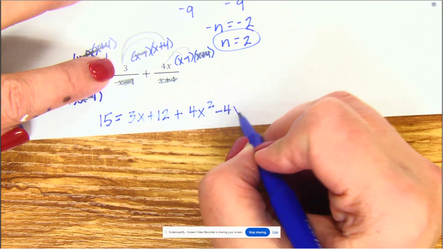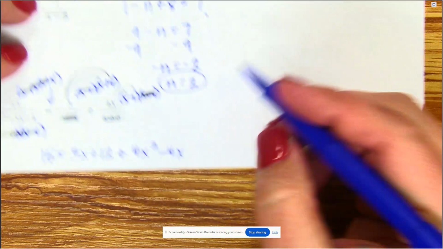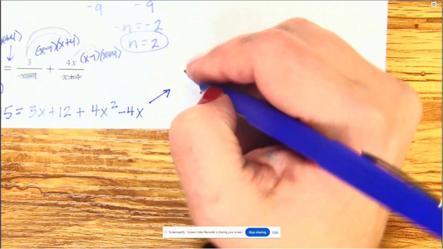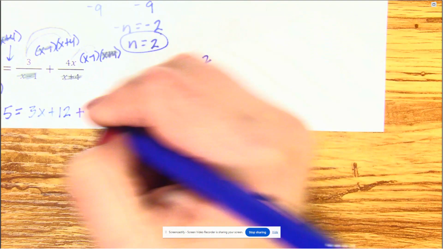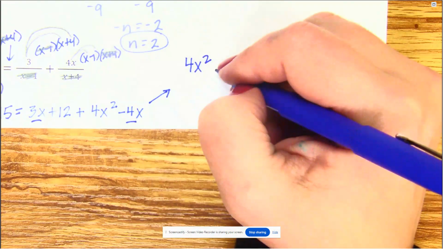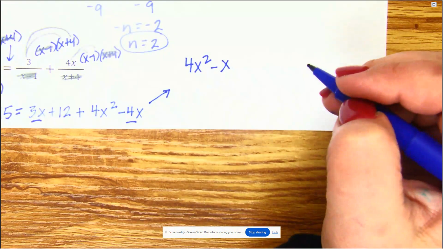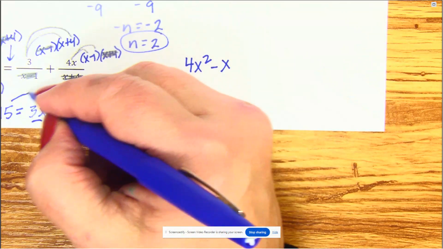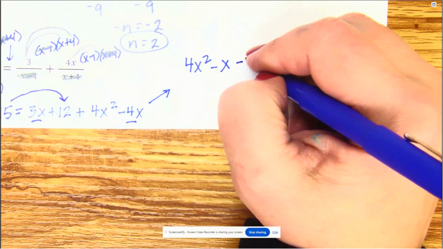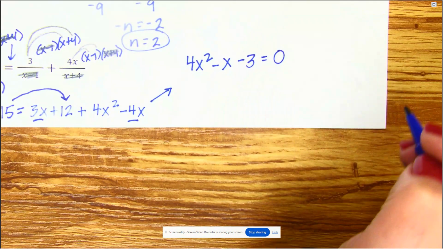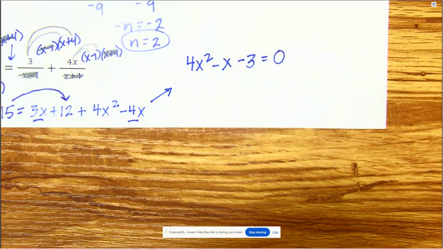minus 4x. This time, unlike this, we have a quadratic. So I'm going to have to get everything on one side. So I have 4x squared minus x. And then if I minus this over here, that makes a negative 3. And you could solve this by the quadratic formula or by factoring.